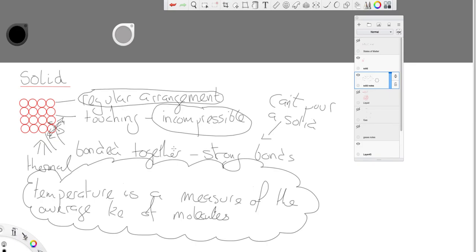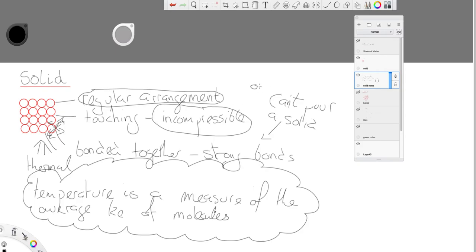You might say that you can pour sand. Well, yes, but what you have are little particles of sand, which are made up of lots and lots of atoms, or molecules in fact, all bonded together like this. But you've got little clumps of these broken up, and that's what your grains of sand are.